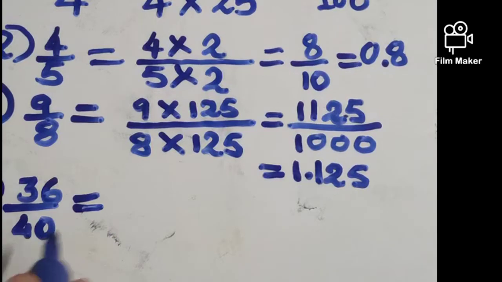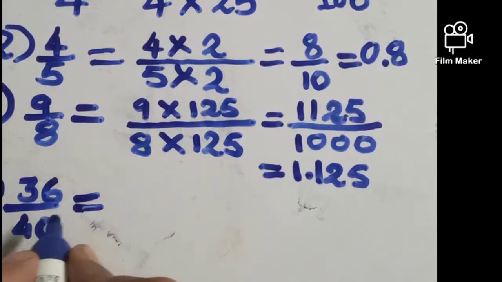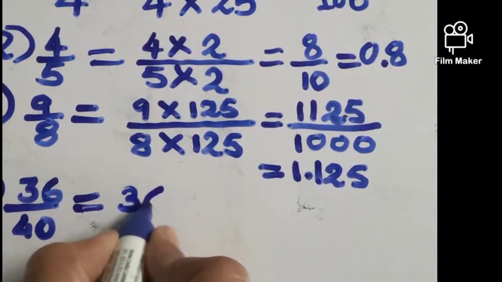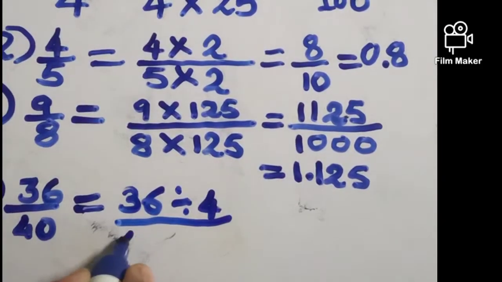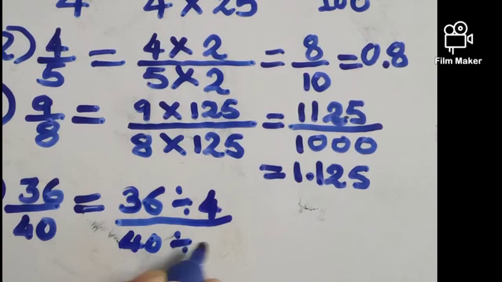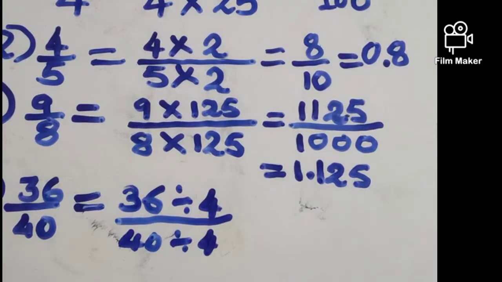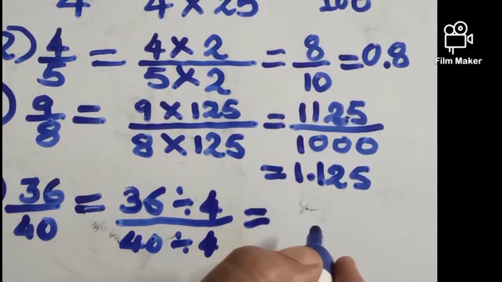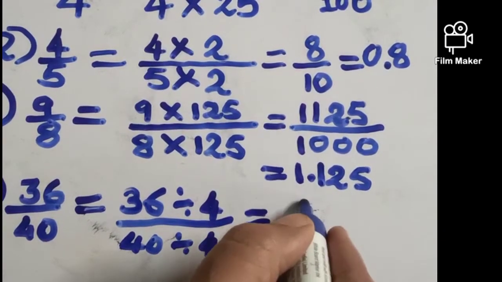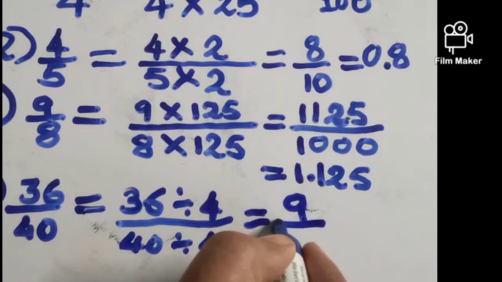So how can we make it 10? We can divide it by 4. Let us see, 36 divided by 4 and 40 divided by 4. So what will the answer be? The answer is 9. Right, 9 4s are 36. So the answer is 9 upon 10.